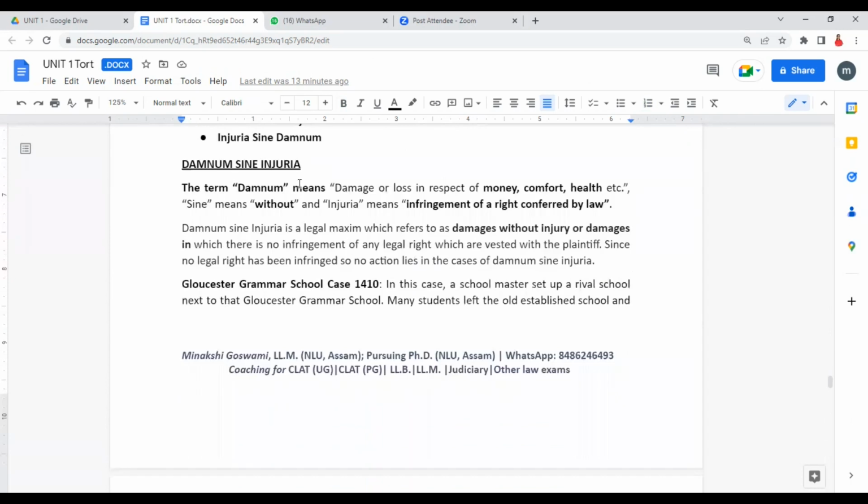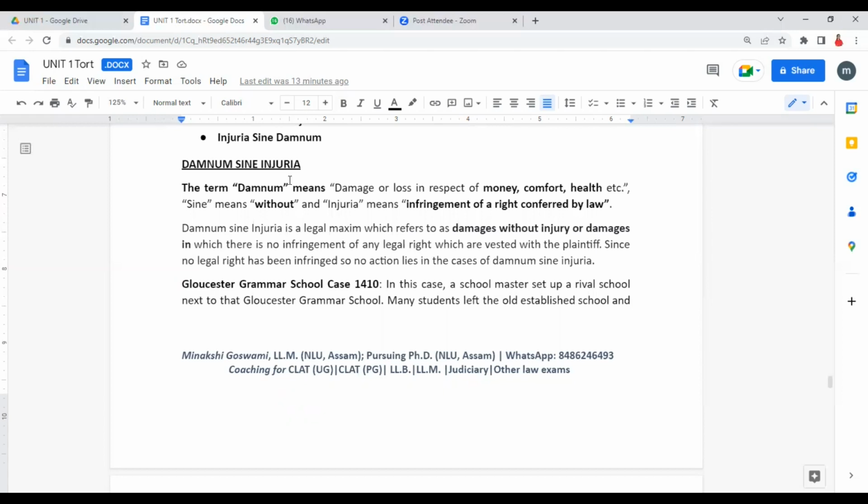You can understand these two concepts by simply knowing the meaning of these three words. Damnum means damage or loss. This may be in terms of money, comfort, health, reputation, etc. Sine means without. Injuria means infringement of a right conferred by law.